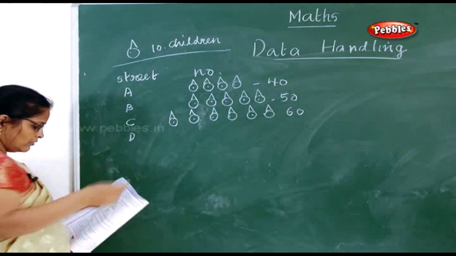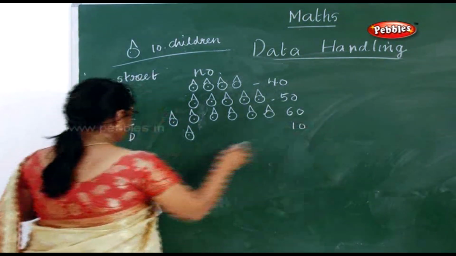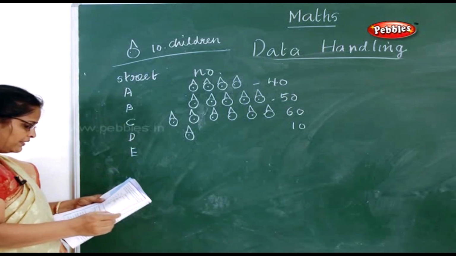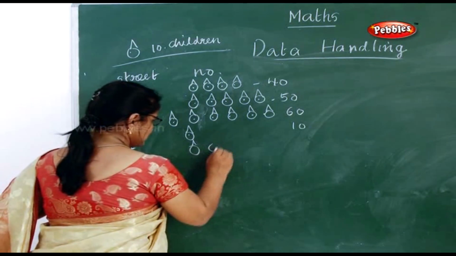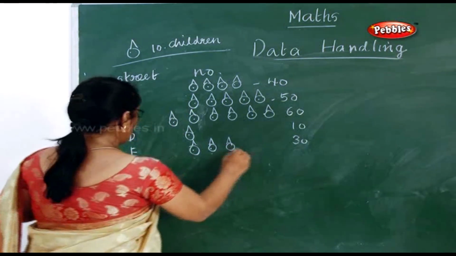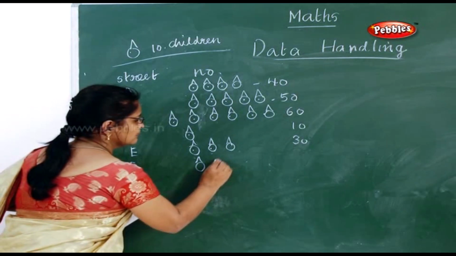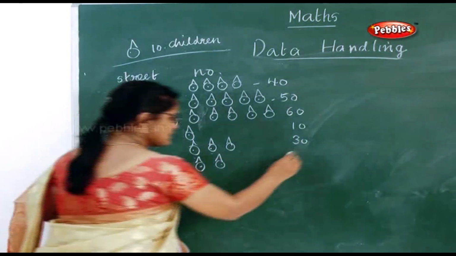Now, street D. How many were there? 10. Then street E. How many were there? 30, because 10, 20, 30. Now, street F. Street F, it was 20.